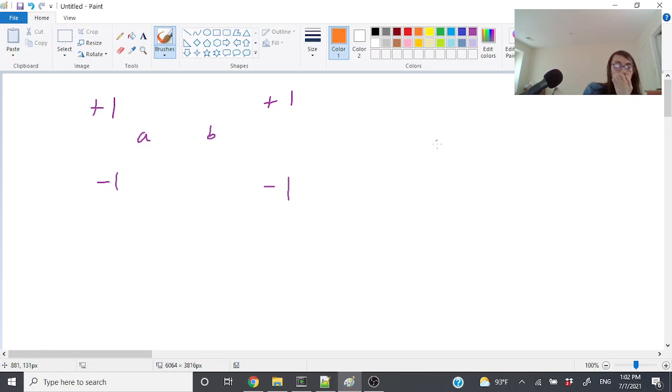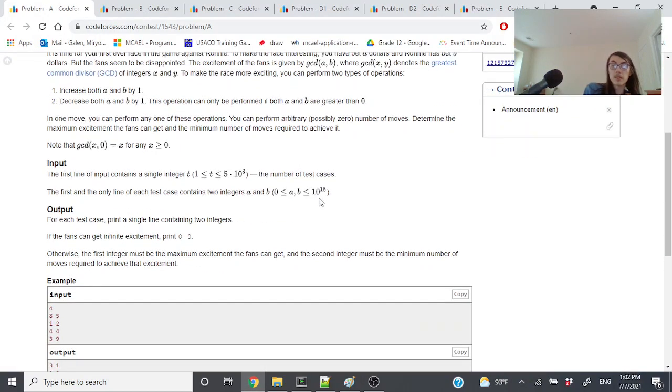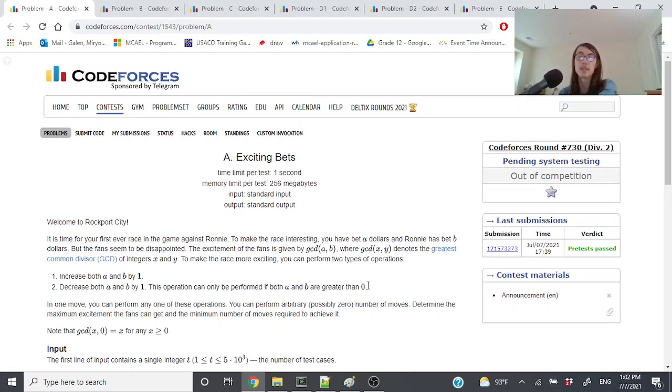Now, what you want to do is maximize the greatest common divisor of A and B. That is, it's the greatest x such that x is a divisor of A and x is a divisor of B. We also want to do it in the minimum number of operations. An operation is either an increase or a decrease. Values are up to 10 to the 18th because why not?